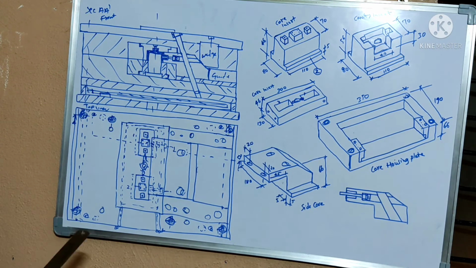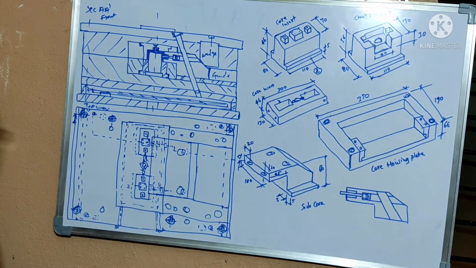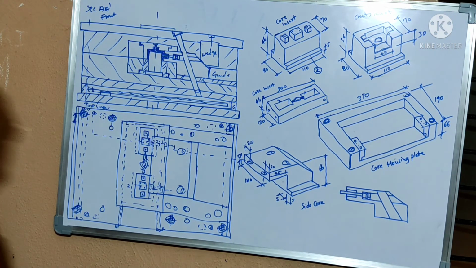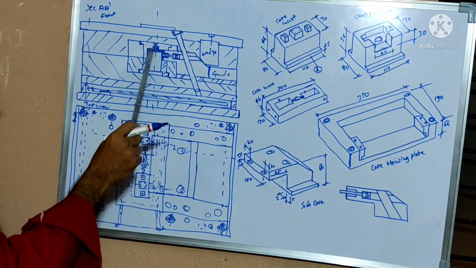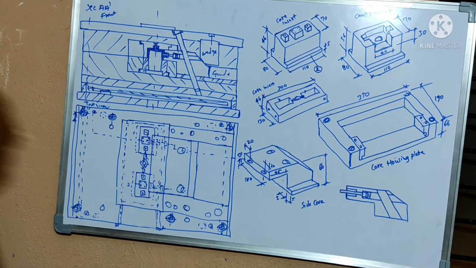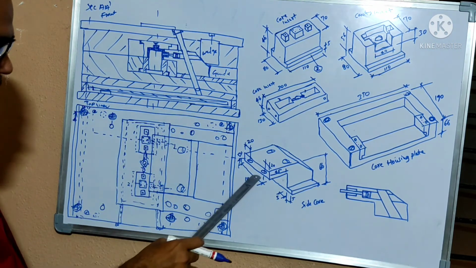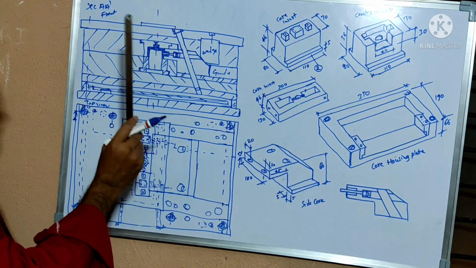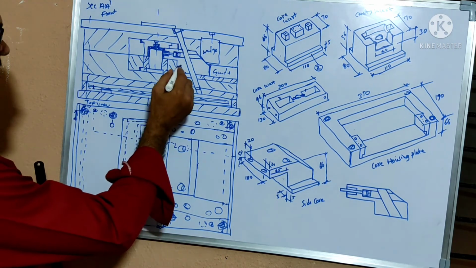The component fills as per the dimensions through the feed system, that is sprue puller, then the runner, then gate, and then the cavity. It fills the cavity, and where the profile has been provided in the side core, the profile comes on the cavity.